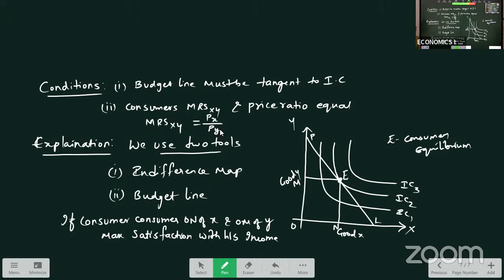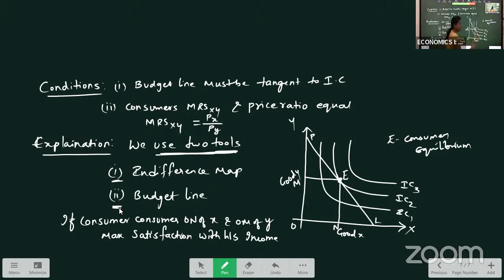Now, to explain the law, we use two tools. What are the two tools we are using here? One is the indifference map and the other is the budget line. As in the previous topics, we have discussed the indifference map and budget line. Both we are giving here. The indifference map shows the different combinations which give us different levels of satisfaction.